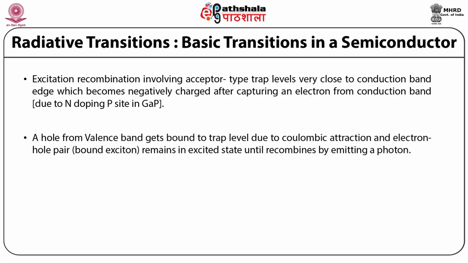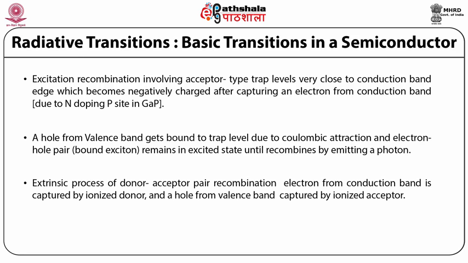A hole from the valence band gets bound to the trap level due to Coulombic attraction, and the electron-hole pair remains in excited state until it recombines by emitting a photon.